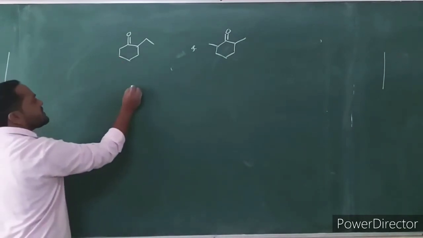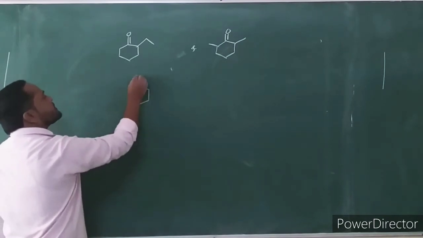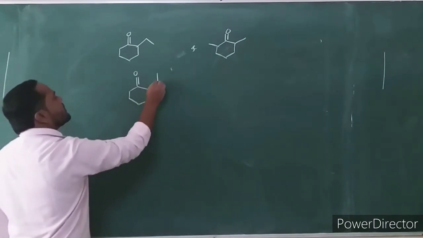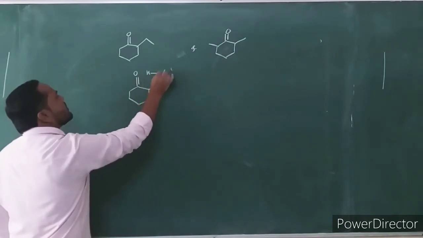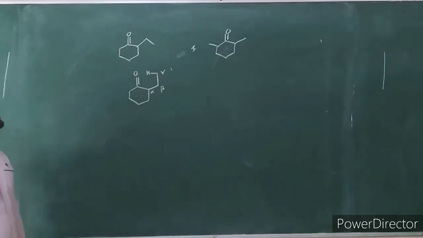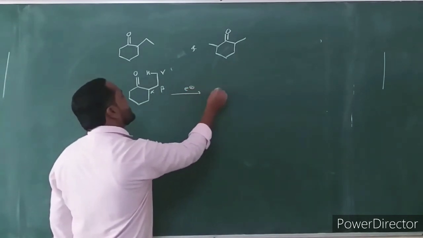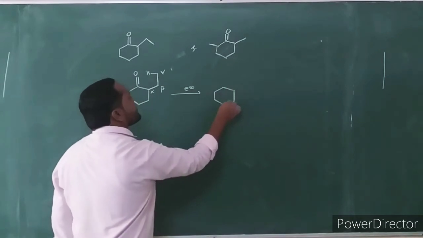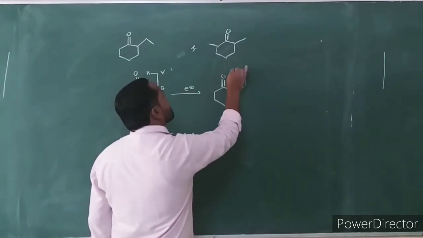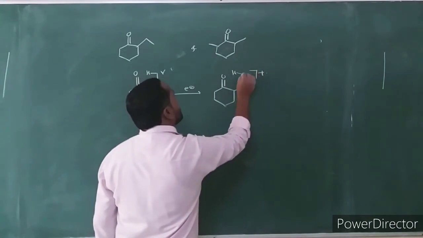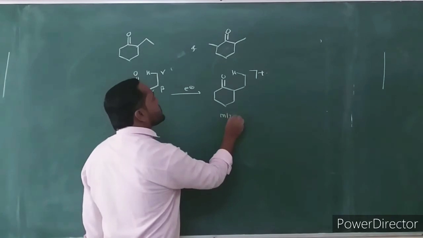Consider the first compound first. With respect to the carbonyl, there is a gamma hydrogen atom present. It undergoes electron ionization and a molecular ion is formed. Let us calculate its mass to charge ratio.